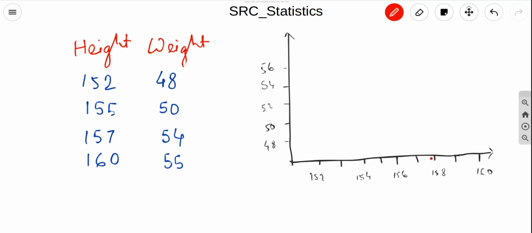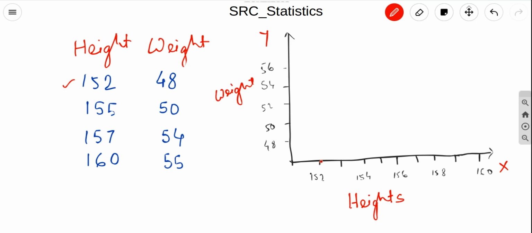Okay, so what we do, in x-axis we write down the heights, and in y-axis we plot the weight. Now for first sample, point 152 height, weight is 48.